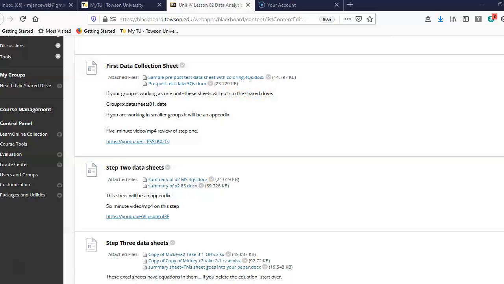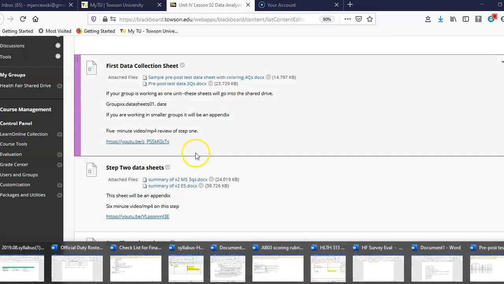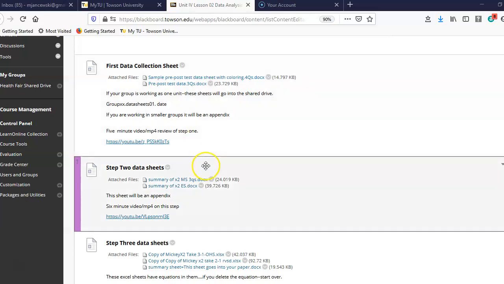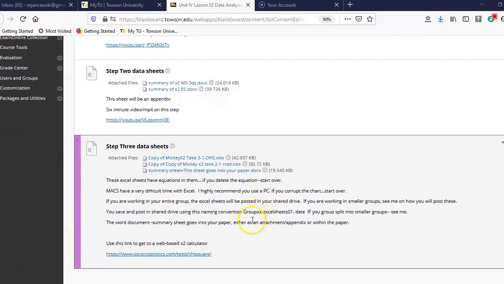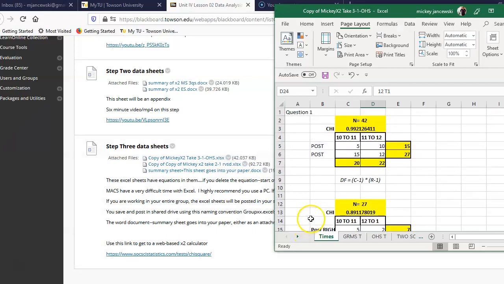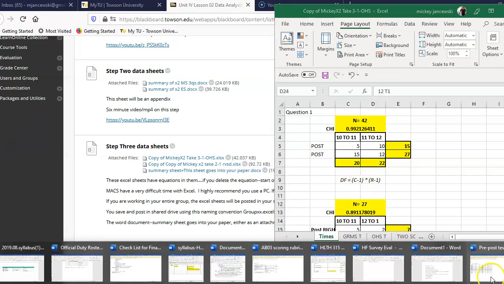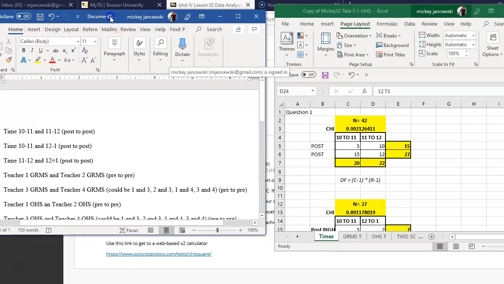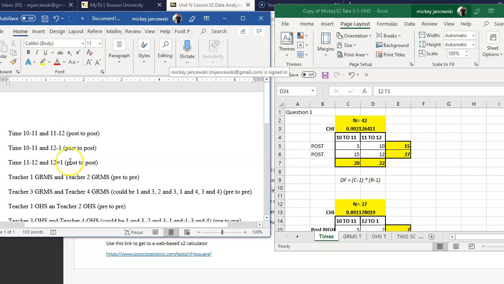Step 2 was the Word document where you filled in the little squares, they're called punch-in squares, of right and wrong, either pre-test only or post-test only. And then step 3 was using the chi-square chart. And what you're doing at this point is you're taking the information from step 2 and you're putting it into these squares. If you're not sure which ones you're supposed to be doing, I put this in the announcement.